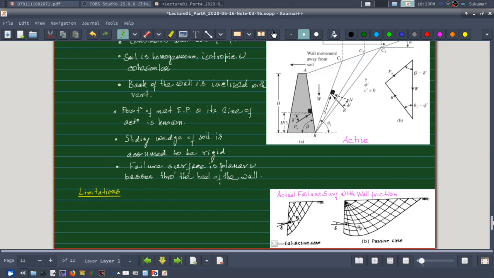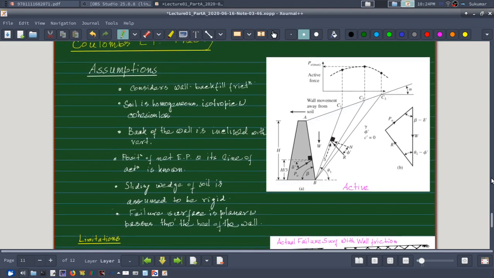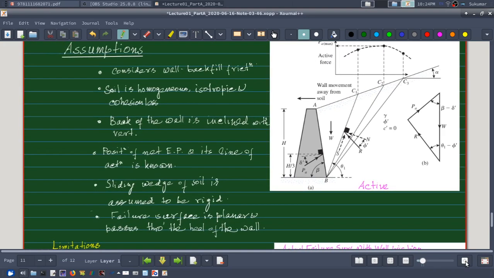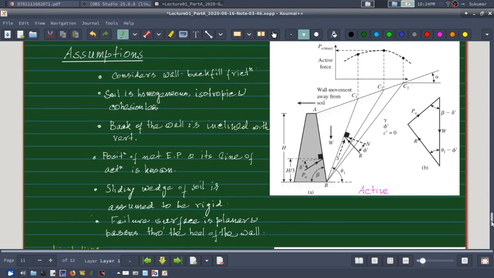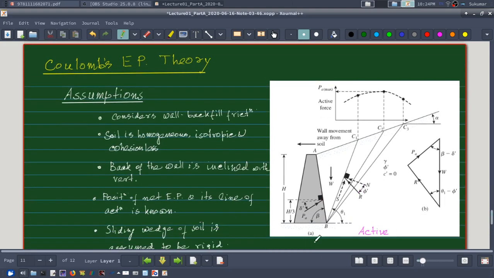Now what we do in Coulomb's method, let me slightly increase the size so that you can see the figure more clearly. You see, we assume that there is friction between soil and wall, and when it is an active case, what will happen?